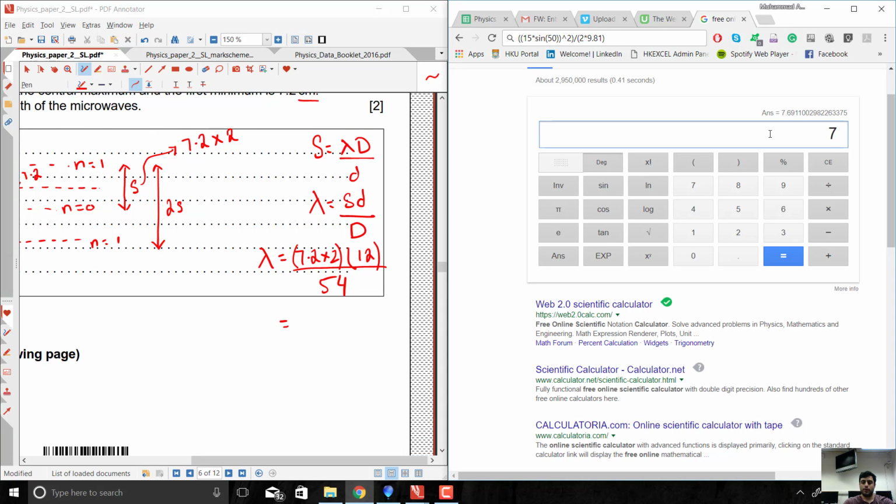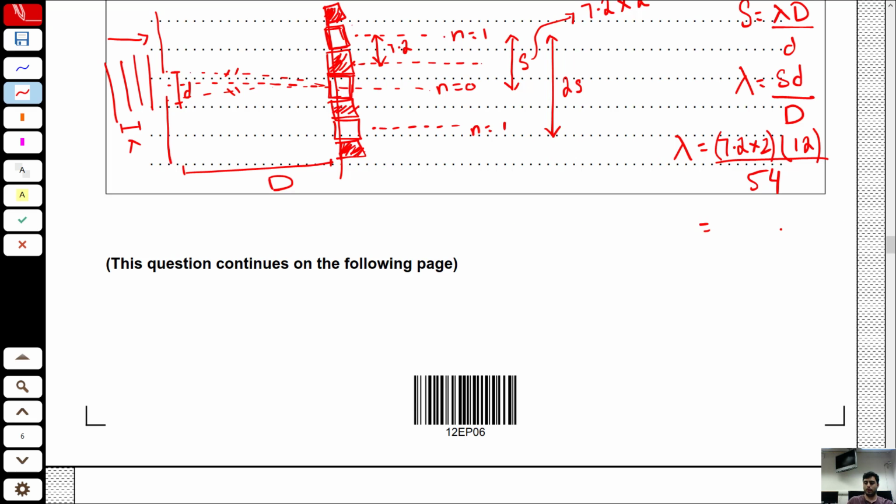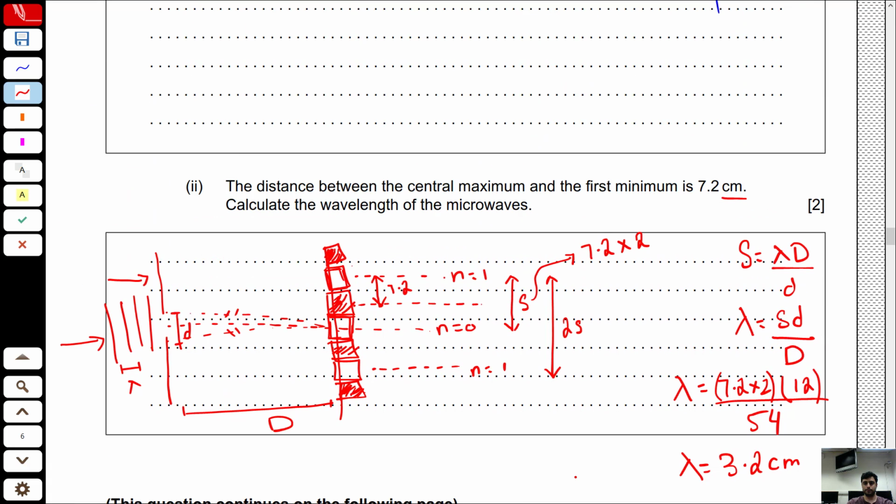We have 7.2 times 2 times 12 divided by 54, which gives 3.2 centimeter. This will be 3.2 centimeter is the wavelength of the wave approaching toward the slit. Okay.